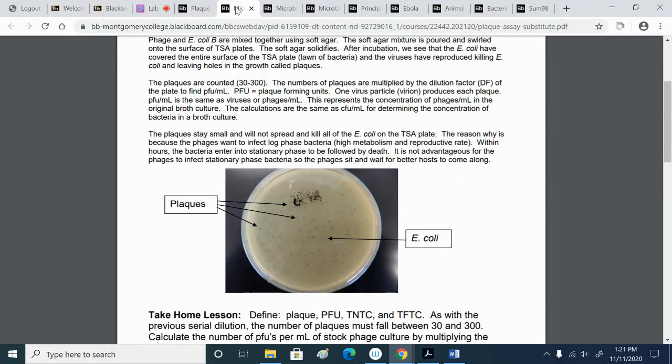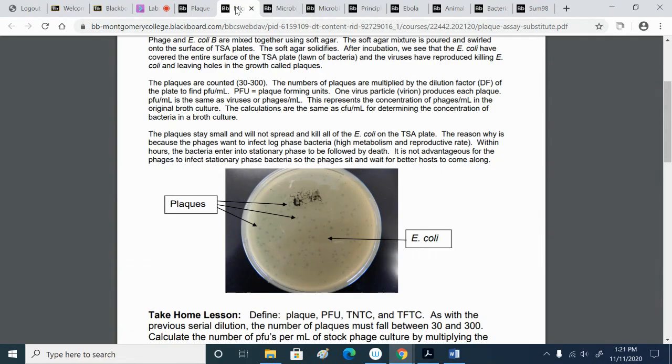And why did we say that the plaques are going to stay small? Why don't the viruses keep multiplying and destroy all the bacteria on the plate? What was their reason for that? To infect the log phase. Right, because the viruses want log phase bacteria, right?